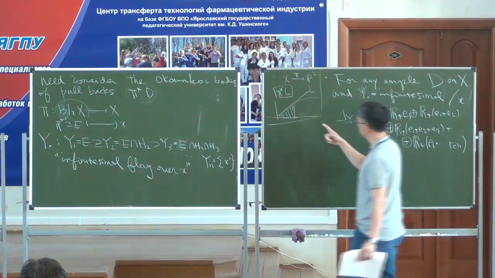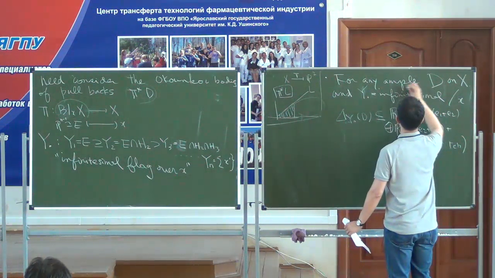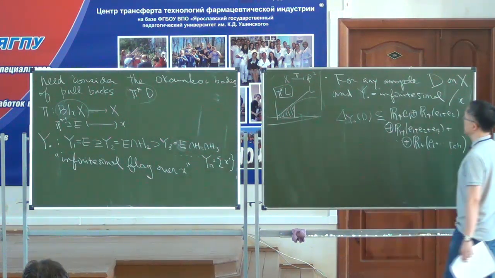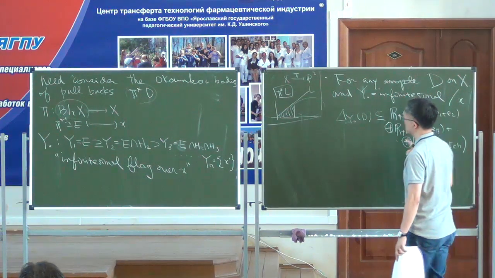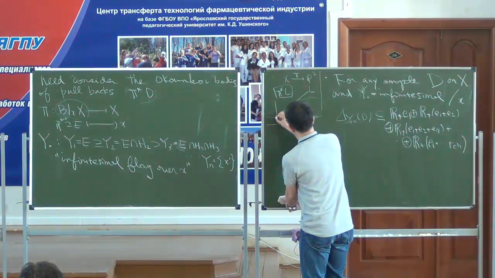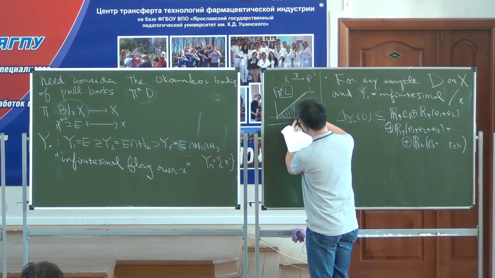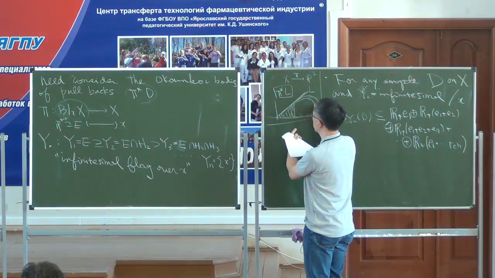So in the dimension 2 case, the Okounkov body of the pullback is always a subset of here.